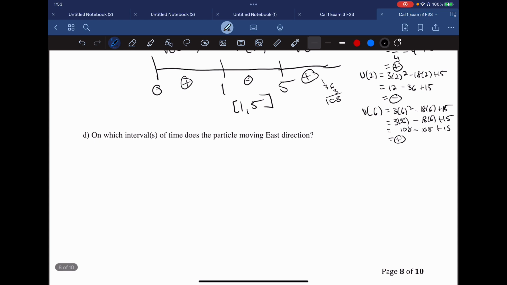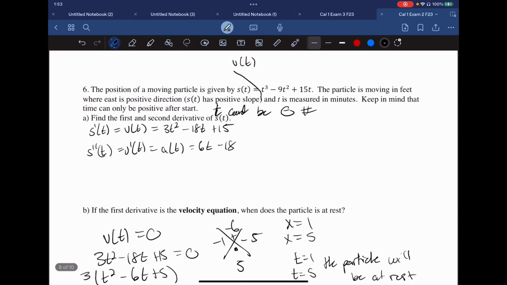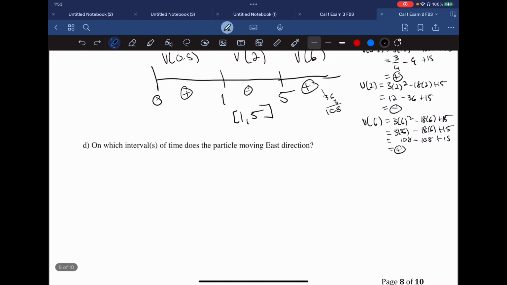Awesome. Now, on what intervals of time does the particle move in the east direction, right? And we were told earlier that when S of t has a positive slope, it is moving in the east direction, right? And so from 0 to 1, it has a positive slope, and from 5 to infinity, it also has a positive slope.